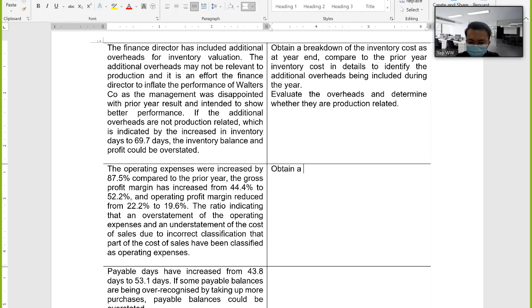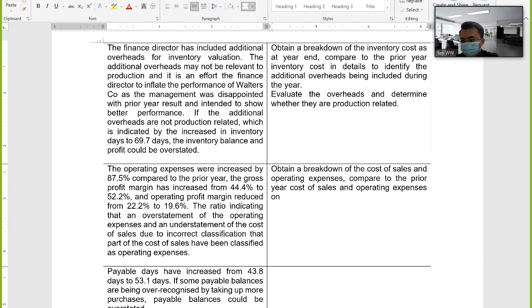First of all, we obtain a breakdown of the cost of sales and operating expenses, compared to the prior year cost of sales and operating expenses on a line by line basis.